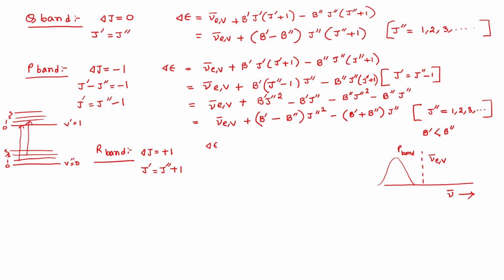So we already got this. I will write the first thing. B dash J dash J dash plus 1, J double dash J double dash plus 1, and this is B dash J dash, J double dash plus 1 minus B double dash. I've just made a silly mistake.